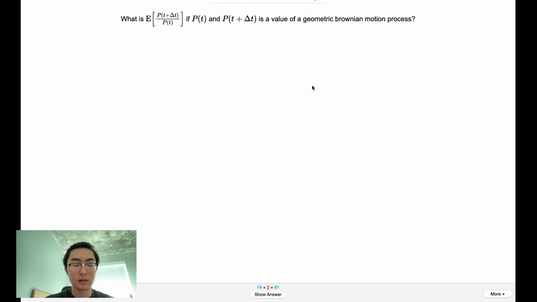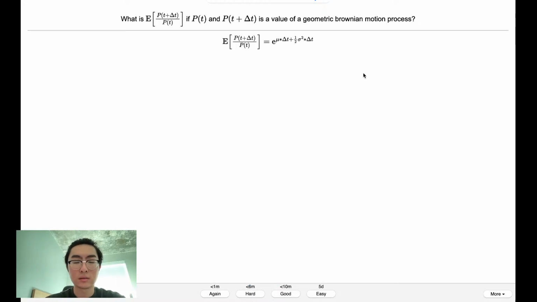So the expectation, if P of t is the value of the geometric Brownian motion process, the expectation of the increment is going to be e raised to the u times delta t minus 1/2 sigma squared delta t plus 1/2, or is that minus 1/2?